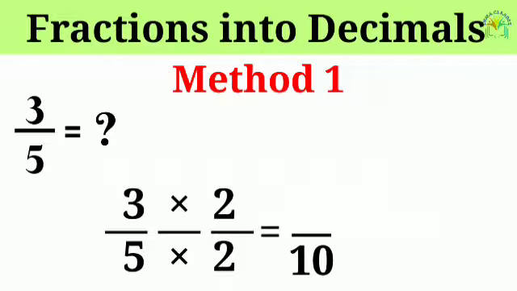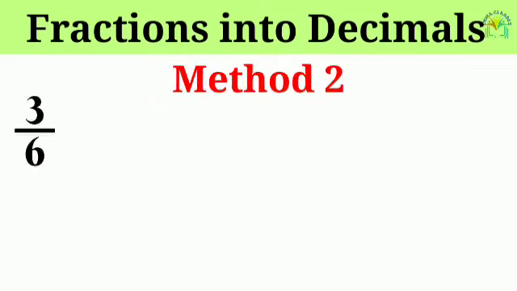The resultant fraction is 6 by 10. Then the decimal is 0.6. This is method 1. In the second method, we just divide 3 by 6 by normal division method using decimal point as shown here.